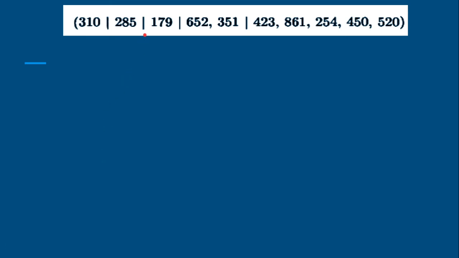This is a list of elements given to sort, and as we are following the divide and conquer technique, let us divide the elements into two equal sets. There are 1, 2, 3, 4, 5, 6, 7, 8, 9, 10 elements. So we first divide the elements into half, from the first to the fifth element.